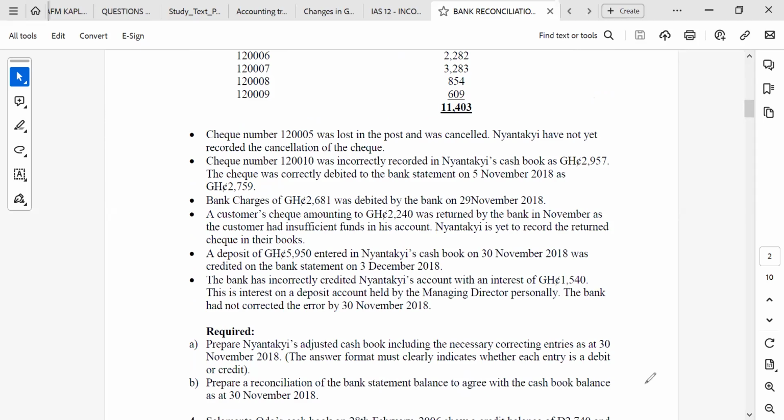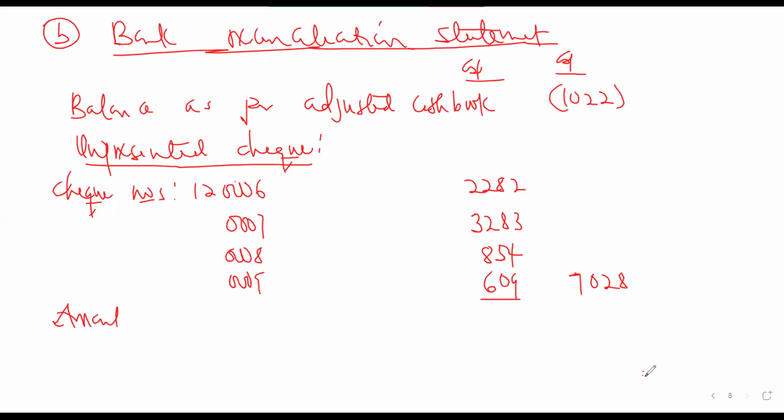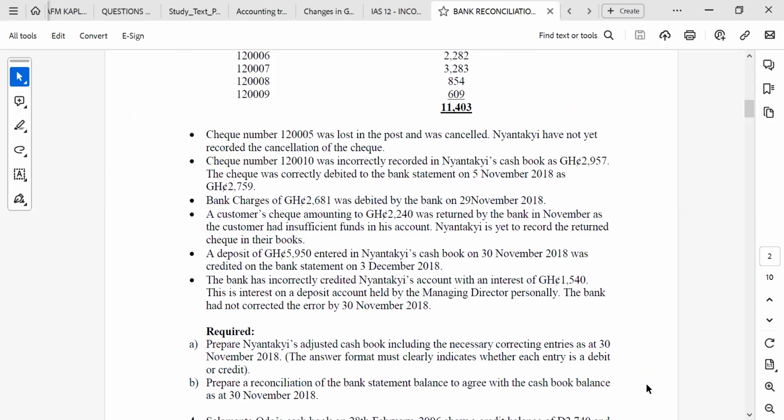So you come to amount wrongly credited. Okay, that will be 1540, sorry. Let me just put this figure over here. So 7028, and let me put 1540 here.